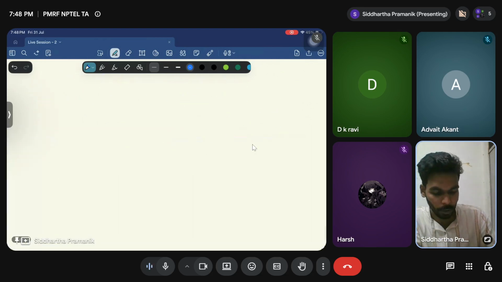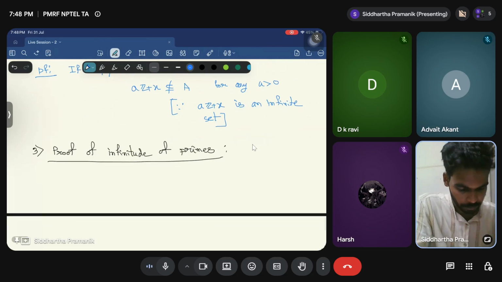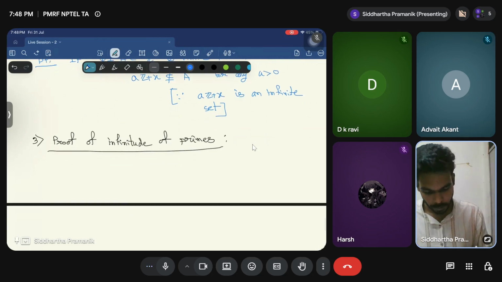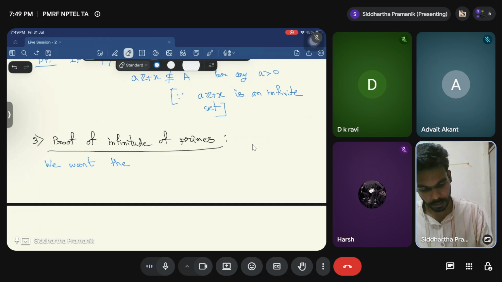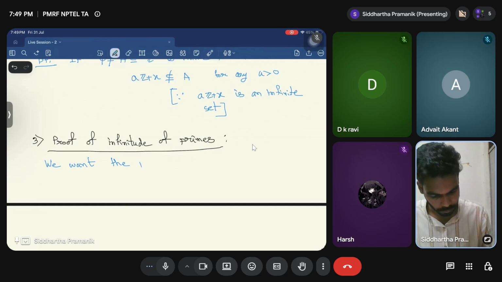So that we want to prove by using this topology. So we want to prove that there are infinitely many prime numbers.